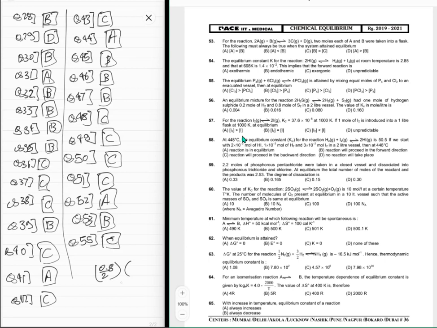So 1 mole of hydrogen sulfide is 1 upon 2, squared, and 0.2 moles of hydrogen. Okay, that's how it should be.